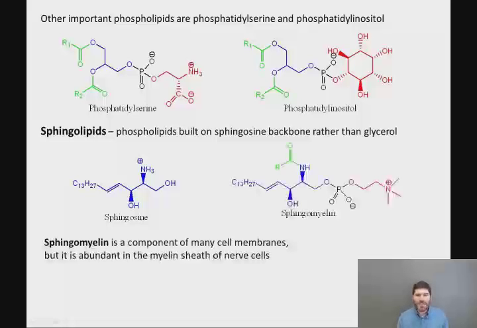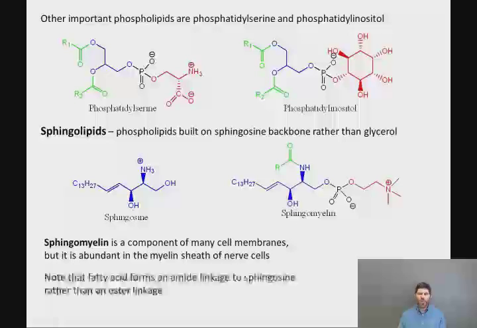So the most common sphingolipid is what's called sphingomyelin, and that's a component of many cell membranes, but the name should ring a bell to you. It's actually abundant in the myelin sheath of nerve cells. So once again, the color coding is the same. The sphingosine, it now is in blue. The fatty acid is in green.